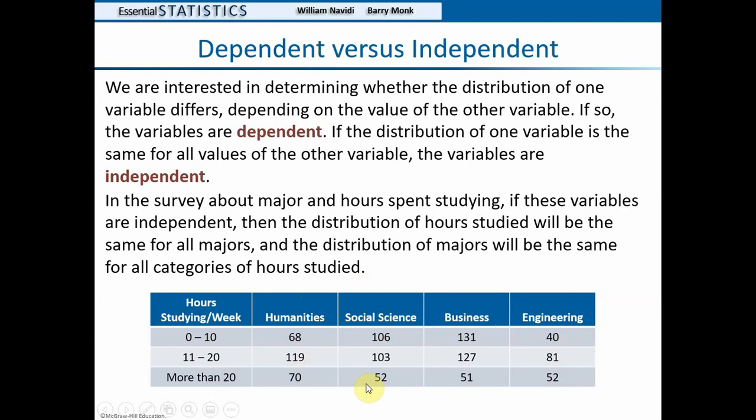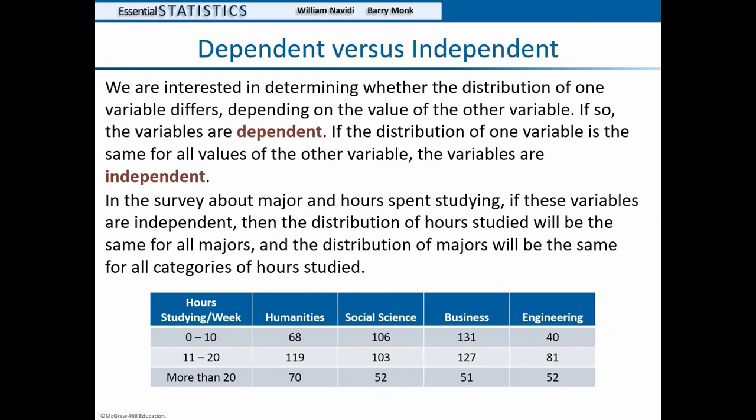More than 20, does it matter? 11 to 20. If it doesn't matter depending on the major, then they're independent. If the number of hours studied per week depends on your major, these things are probably going to show up. Maybe social sciences would be less, engineering I would expect to be more, maybe the other way.